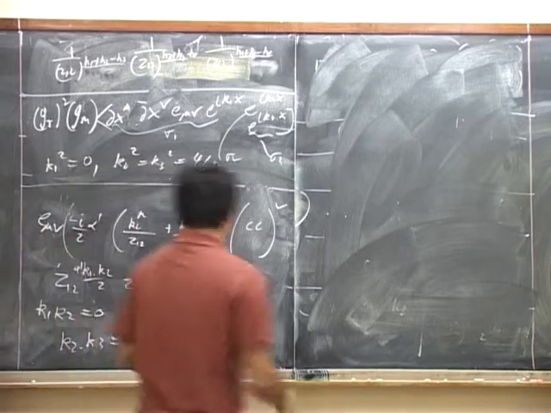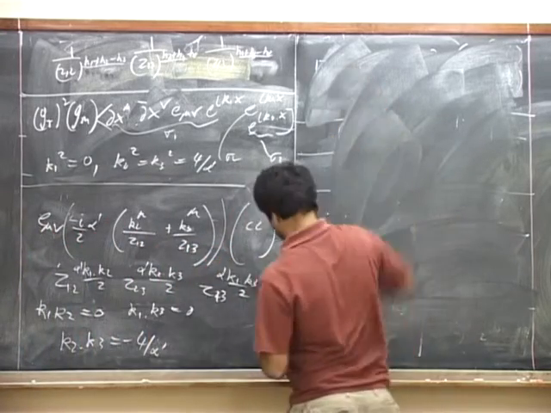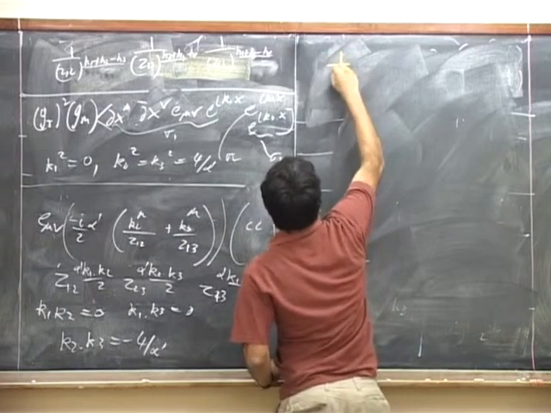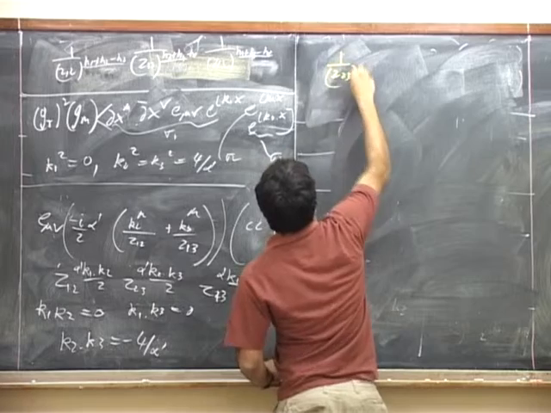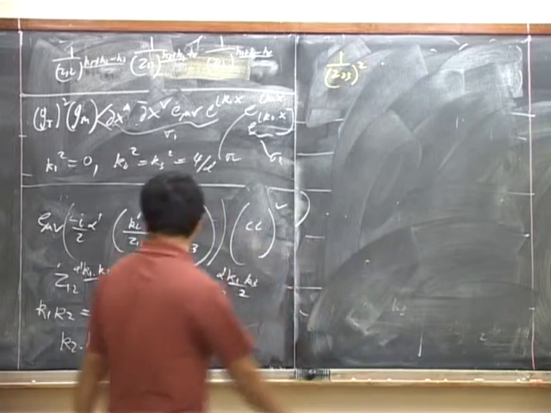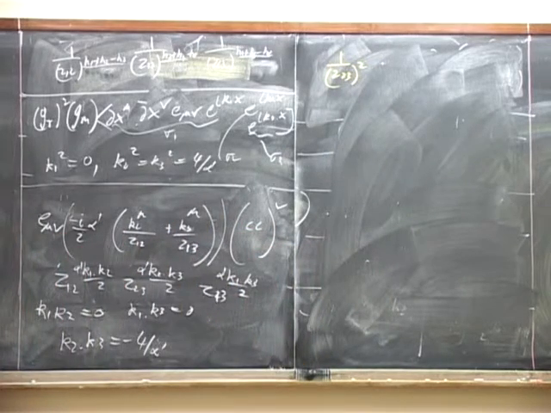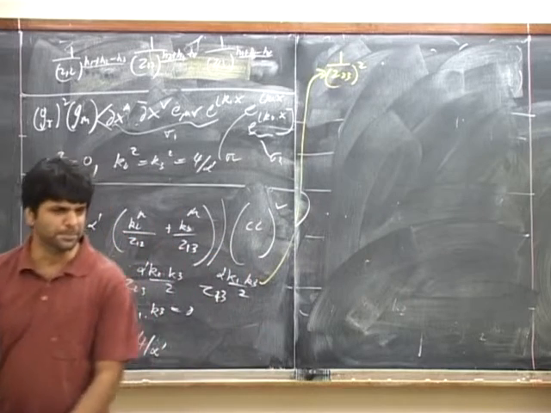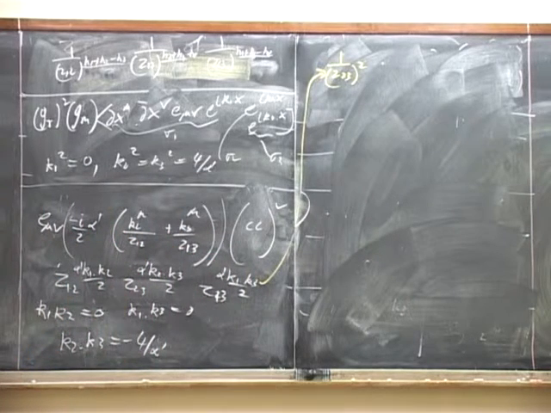So the net result from these factors, from the e to the i k dot x contractions, is a factor of 1 over z23 to the power 2. That's this. Is this clear?